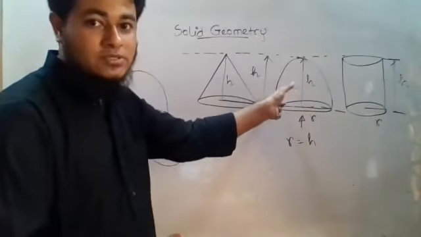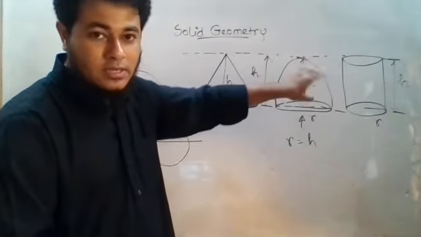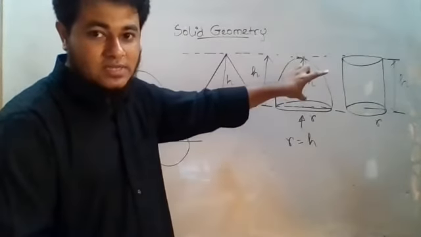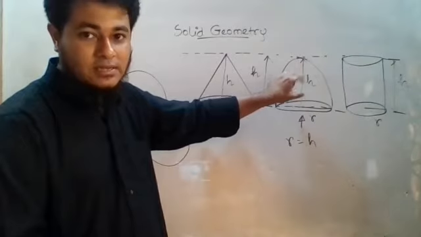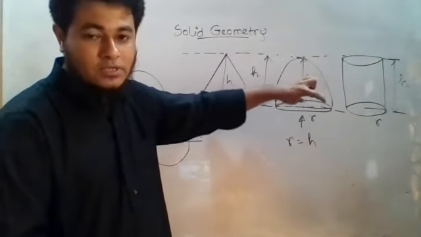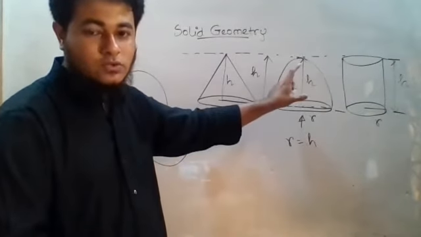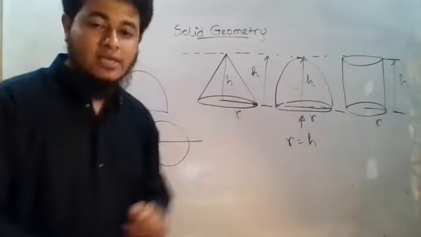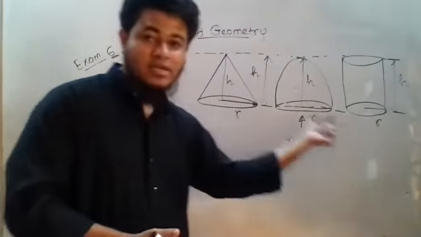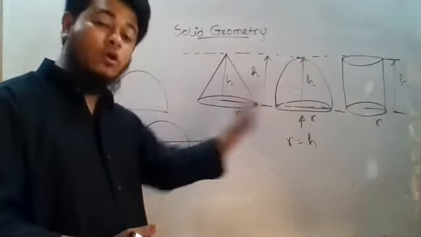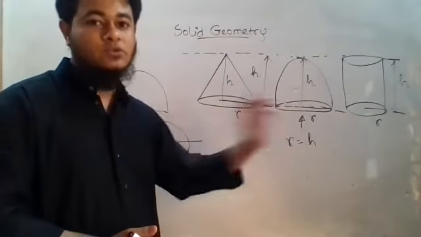So this shape is supposed to be a circular shape, right? So in circle, we know that from the center to any point on the circle, it is radius and it is same. So if this is r, this will also be r, and r is equal to h. As all of them are having the same radius and same height, so for all of them, I can apply this. r is equal to h.